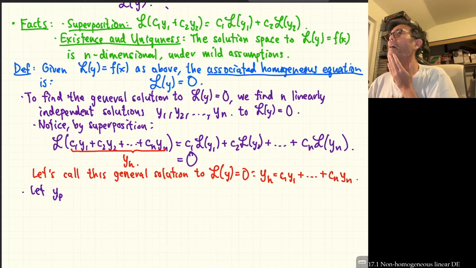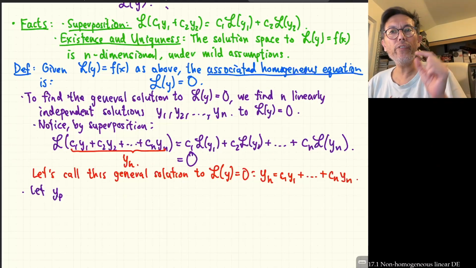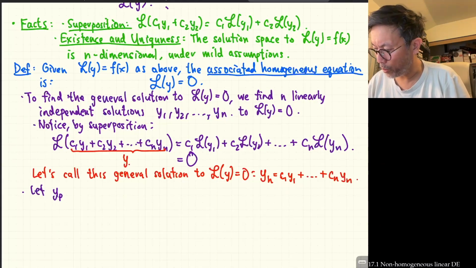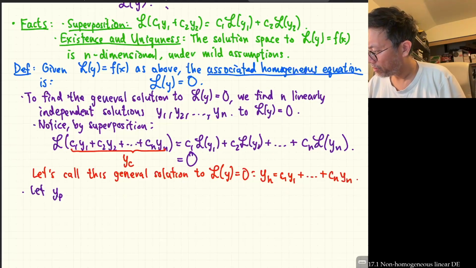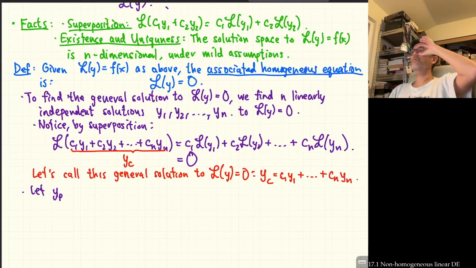Oh, wait, I'm realizing maybe I'm a little bit out of step with how the book does it. Let me just check their notation. Yeah, they call it a little bit differently. Sorry. Let's not call it y sub h. Let's call it y sub c, because in the textbook it's called y sub c. Y sub c stands for what's called the complementary solution.